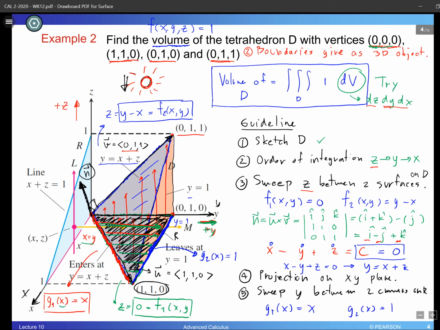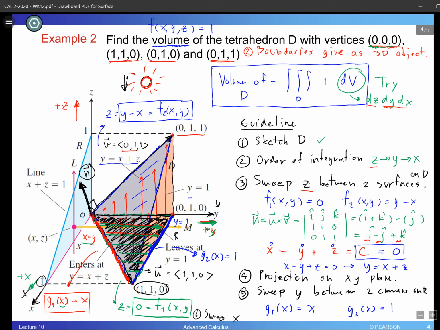And the last step, step 6, sweep the last variable, x, over the whole range. So let's take a look at this sweeping pattern here. We are going to sweep in this direction, positive x. As you can see here, over the whole range of this projection, x starts at the origin and ends right here at 1.